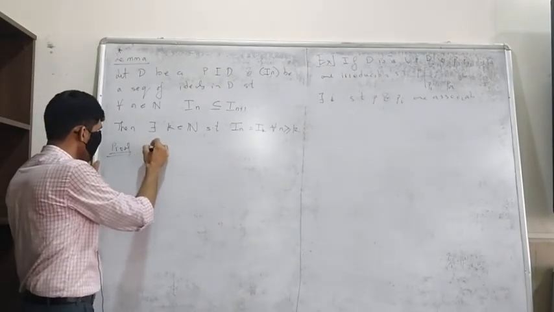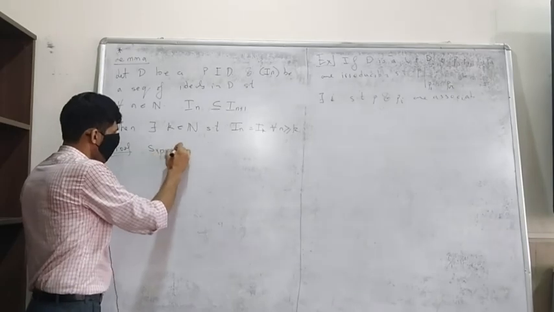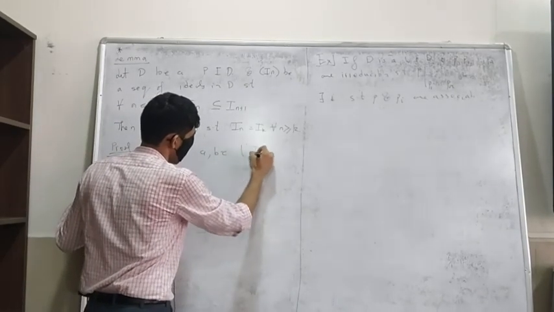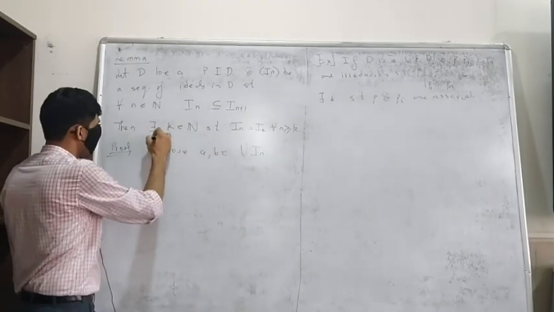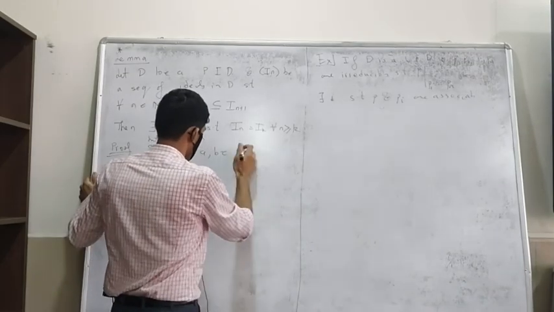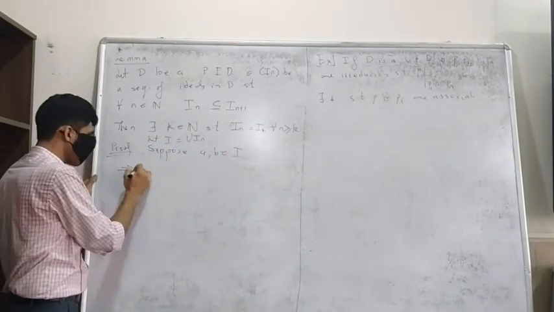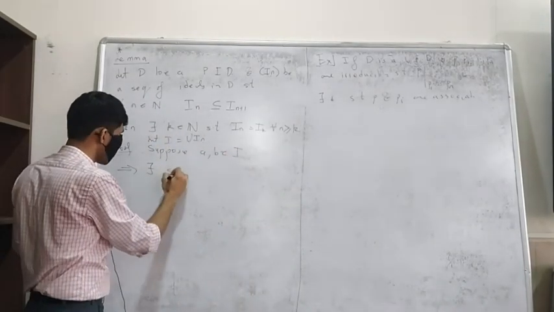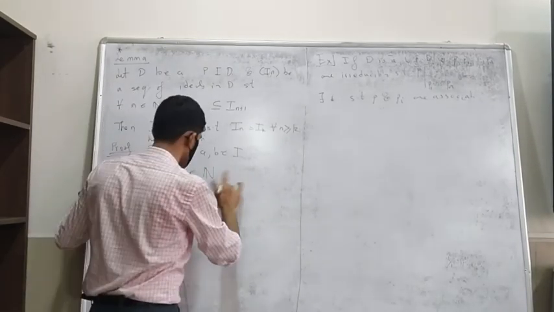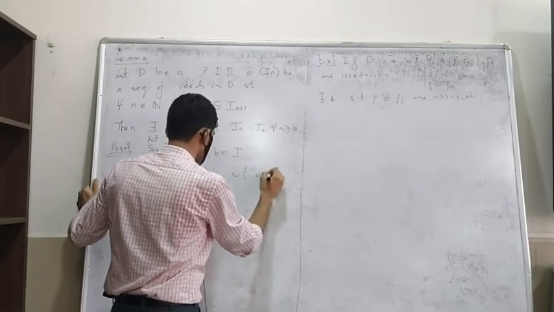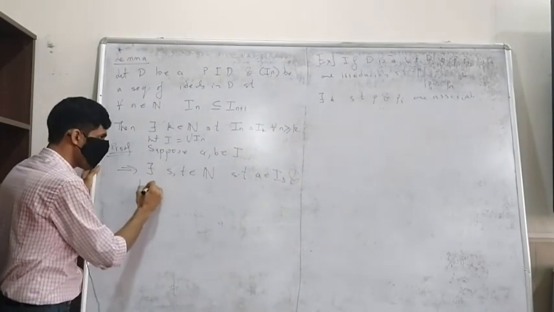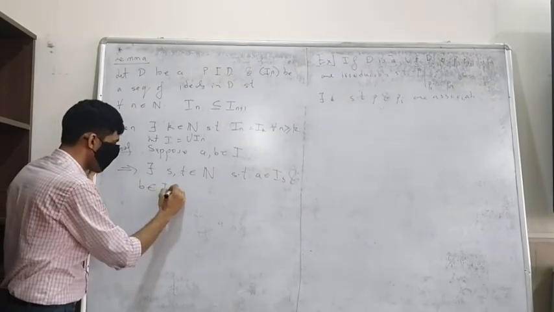Suppose A and B are in the union of IN. Let us take I to be the union of the IN. What does this mean? There exist some S and T in N such that A is in IS and B is in IT.